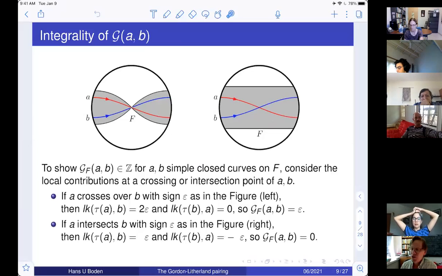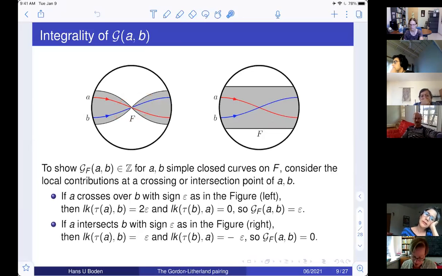And the contributions only really come from when the curves interact with one another, where one crosses over the other, or they might intersect in the surface. And if you think about when they cross, for instance this picture, it's a little hard to see, but it's meant to denote a surface with a right-hand twist in it, and A is crossing over B in that picture.